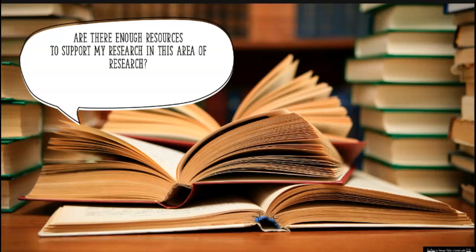And that leaves you with one last question. Will there be enough resources to support your exploration of the topic that you've chosen, or the general area of interest that you've chosen? That is, every research study needs to be situated in and supported by the research that has already been done in this academic area of inquiry. So your last task in this assignment is to do just a really quick survey of the literature to see if you can find some supportive literature related to aspects of your area of research interest.